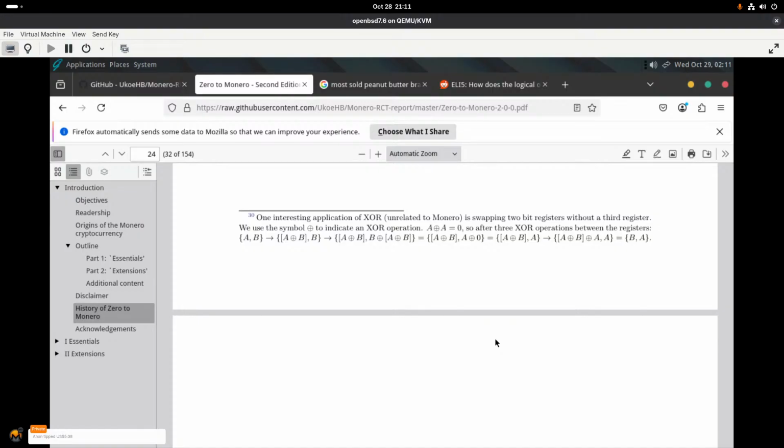So after three XOR operations between the registers A and B, we get A ⊕ B, B ⊕ (A ⊕ B) equals A ⊕ 0, which equals A, and so on.